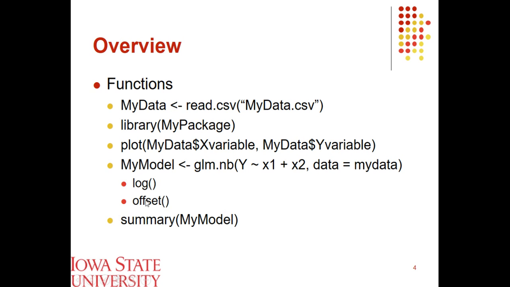We'll also show you how to use the offset function so that you can identify a variable within your model that will have its coefficient constrained to be 1. This is commonly used when we do roadway segment models, and we want to constrain the length, or at times you may want to constrain the volume as well.